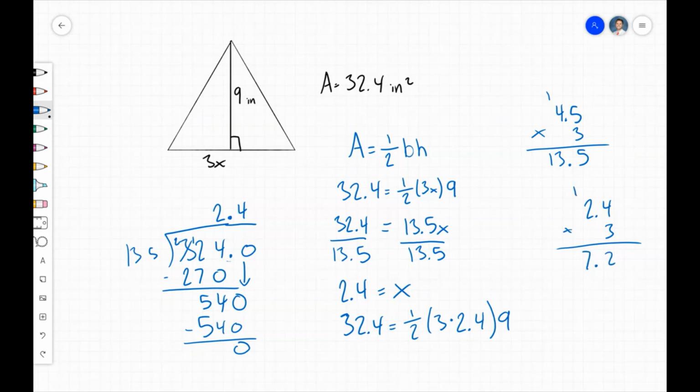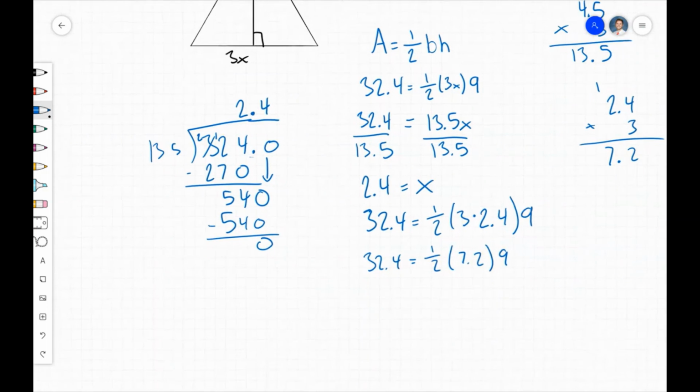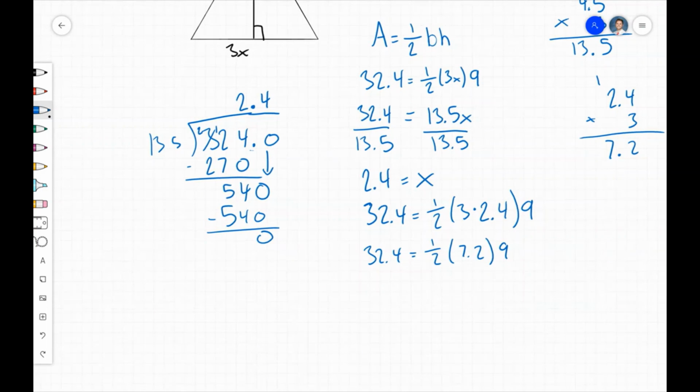We would get 7.2. So now we have 32.4 equals 1/2 times 7.2 times 9. We can find half of 7.2, which would be 3.6. So 32.4 should be equal to 3.6 times 9.